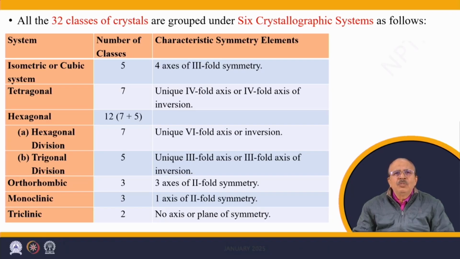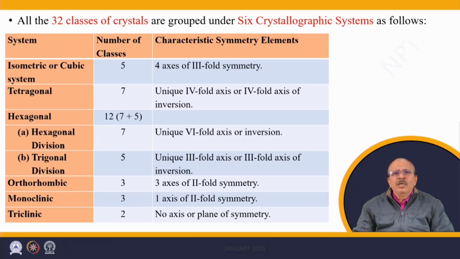Hexagonal, having 2 different divisions. In the hexagonal division, the number of classes is 7, unique sixfold axis or inversion, whereas in the trigonal division, the number of classes is 5, unique threefold axis or threefold axis of inversion. Next is the orthorhombic system. In this, the number of classes is 3, with 3 axes of twofold symmetry.